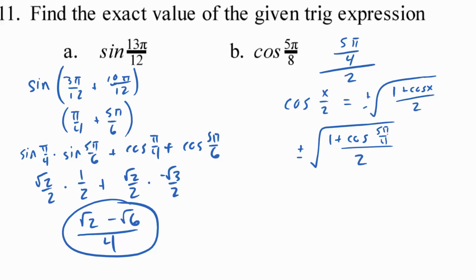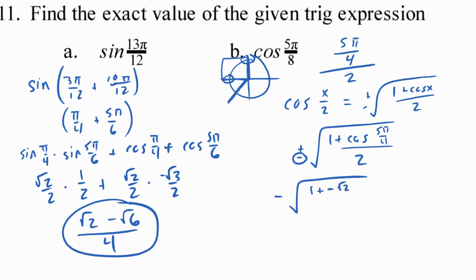The cosine of 5 pi over 4, let's first talk about this plus or minus. 5 pi over 8, where's that going to be? Here's 4 pi over 8, here's 8 pi over 8, so 5 pi over 8 is going to be somewhere in here, meaning the cosine is negative. So it's minus the square root of 1 plus, so that means 5 pi over 4, that one is down here, negative root 2 over 2, over 2.